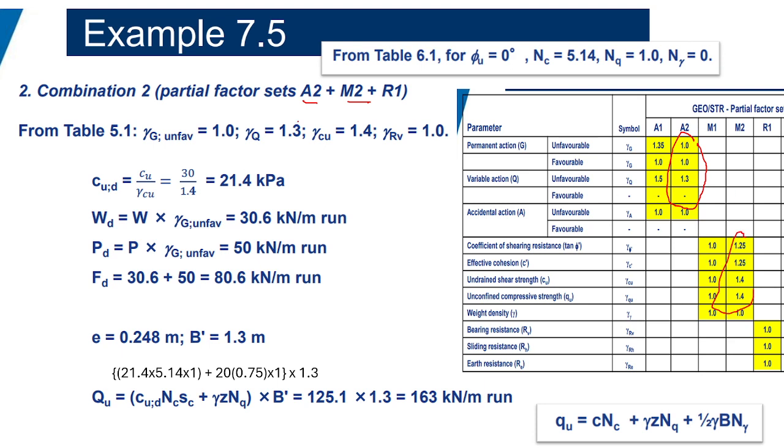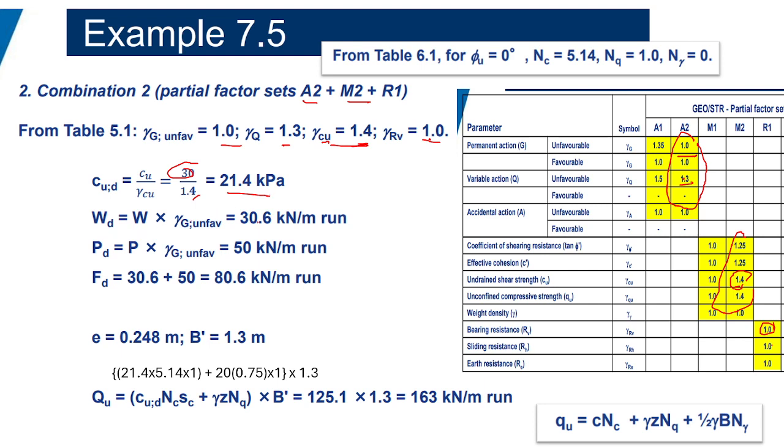Getting these factors, you have 1 and then 1.3, and then 1.4, and all the others are 1. This is the factor for shear strength, and for the bearing resistance it is 1. We can calculate: the given shear strength divided by 1.4 will be your factored value.